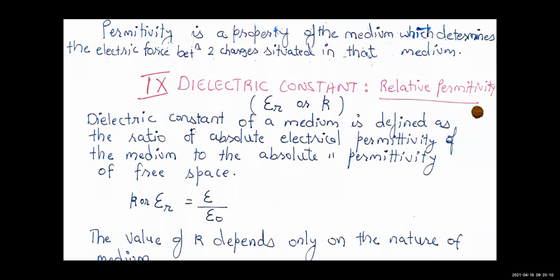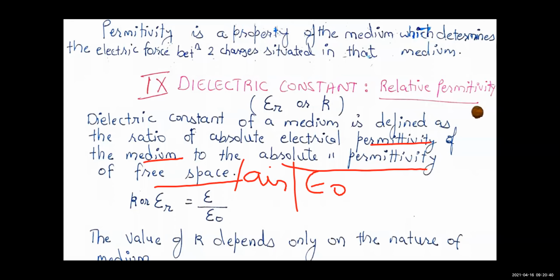So dielectric constant or relative permittivity, children, is the ratio of absolute permittivity when the charges are in a particular medium to the absolute electrical permittivity when the charges are in free space or in air, that is vacuum, right, children? The permittivity of free space, air or vacuum is denoted with the suffix epsilon naught.